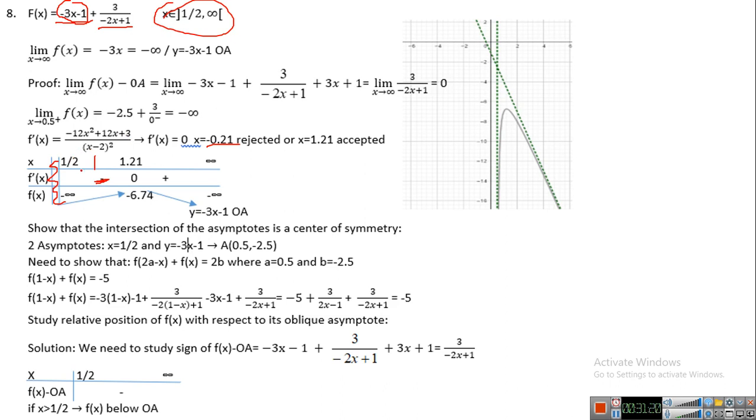Let me see if we have something wrong. So minus 12x squared plus 12x plus 3. So here I have something wrong. If you put 1, it will be 3. It must be positive. Here is negative, but these are correct. Plus going up, negative going down.